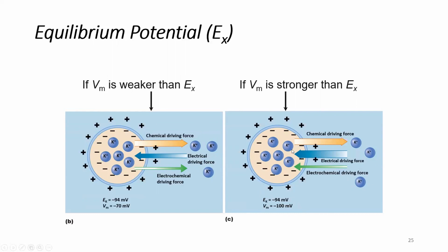And so we have an equilibrium potential that is weaker than our membrane potential. So the net direction of the ECDF will favor the electrical driving force, which will be into the cell. And again, we simply subtract out the smaller chemical driving force from the larger electrical driving force to determine the magnitude of that force.